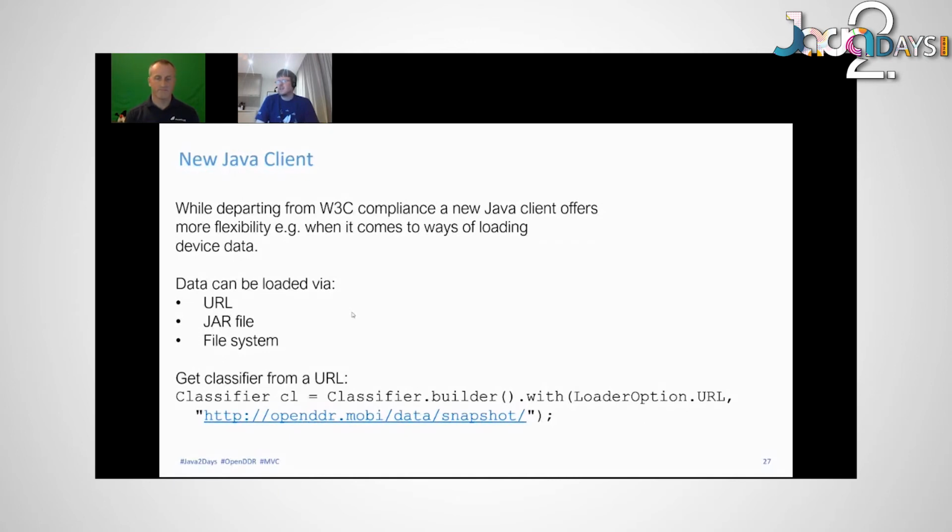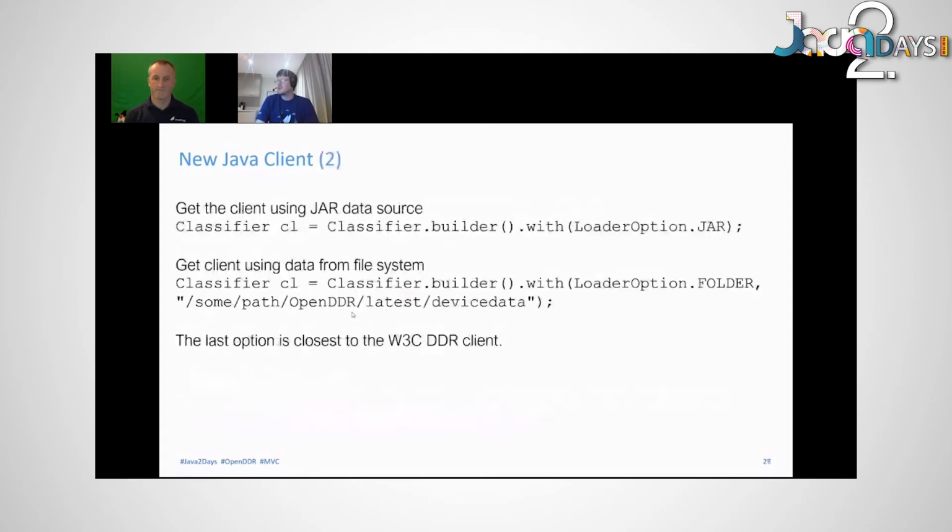Or you can use a jar file, or you can also use an exploded file system. So the last one would be more or less comparable to how it was done in the W3C DDR client. So the last way of retrieving it from a folder is very similar and would also be compatible to the DDR Lite client, while the others make you a little more flexible because you can either drop it as a jar, or you could even retrieve it dynamically from a different location.